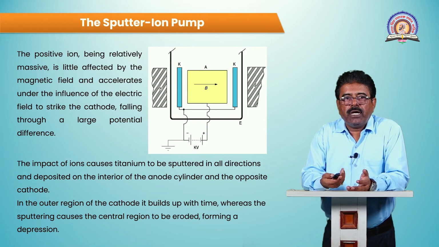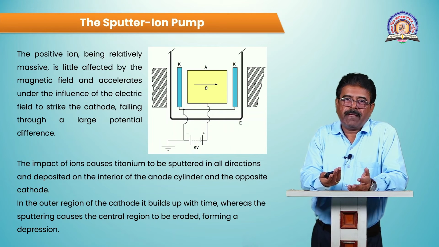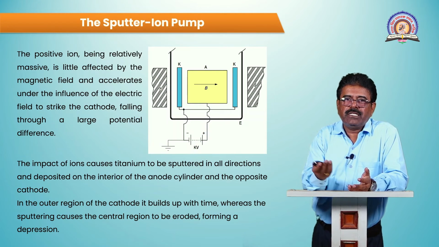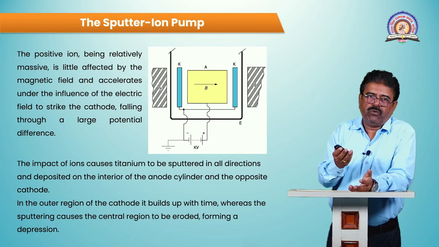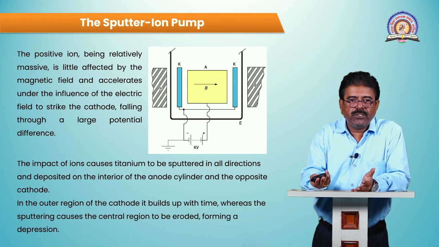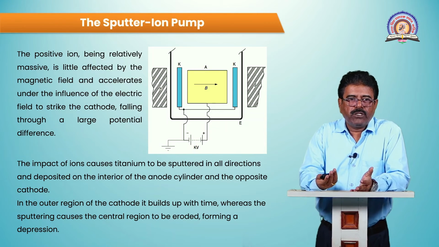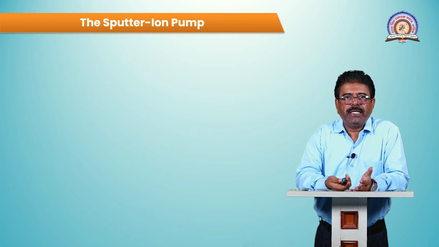So, the outer region of the cathode is built up with time. Because of the high collision with the cathode material, the central part will get eroded. So, the outer part will remain built up and the inner part will erode, forming a depression there.